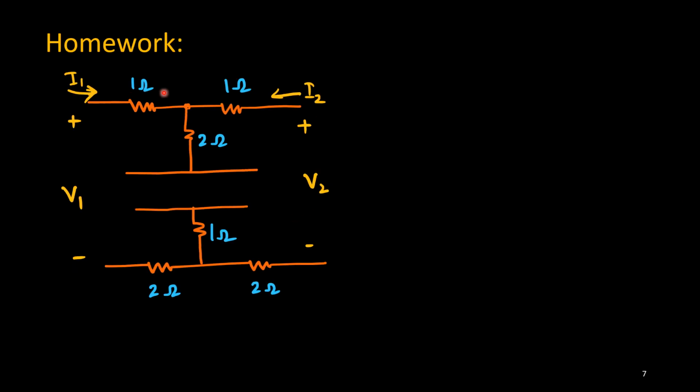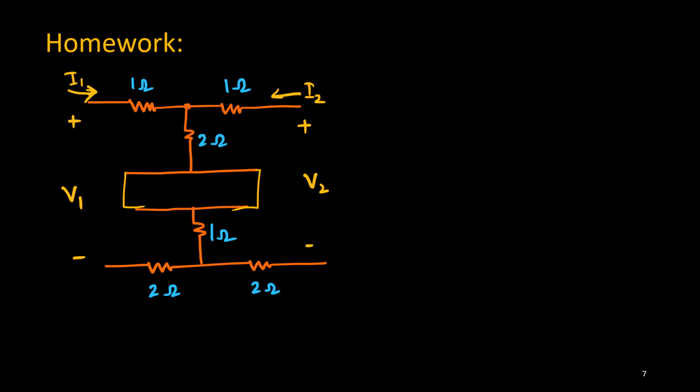Now I'll give you one homework problem, very simple one. I have one T network here, another T network here. Suppose I want to connect these two by series circuit. That's simple.